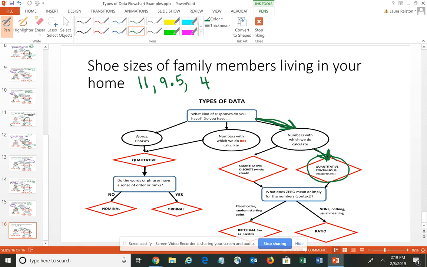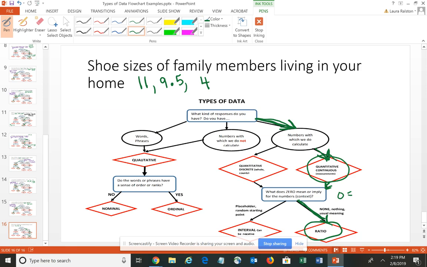I mean, we don't sell like 9 3/4 size shoes, but somebody's foot could be that big and they have to go up a size. Okay, so then you want to think about what 0 means. And again, 0 in this case to me would be that kind of like you didn't have a foot, okay, because you had to have that measuring point. So I would say it's at the ratio level.